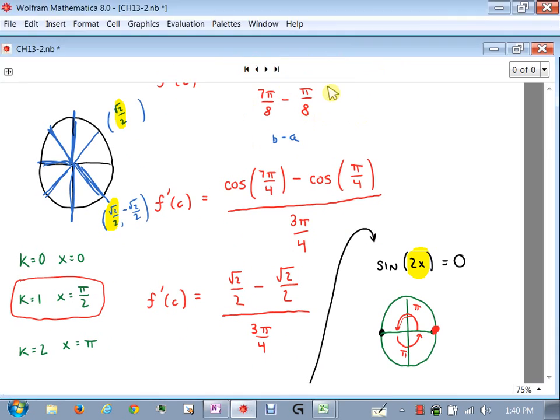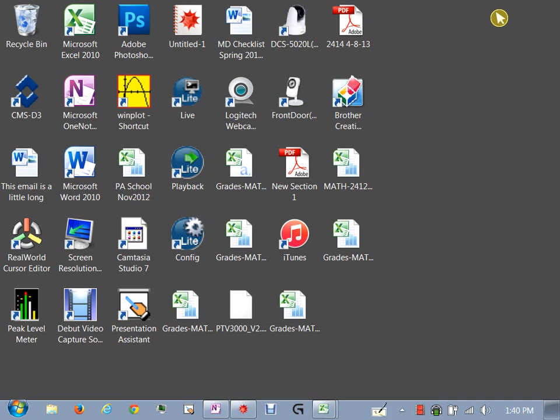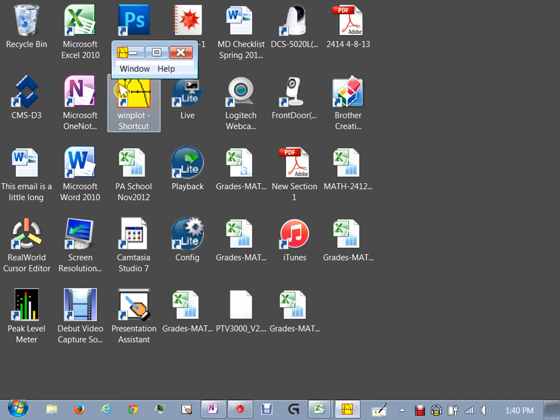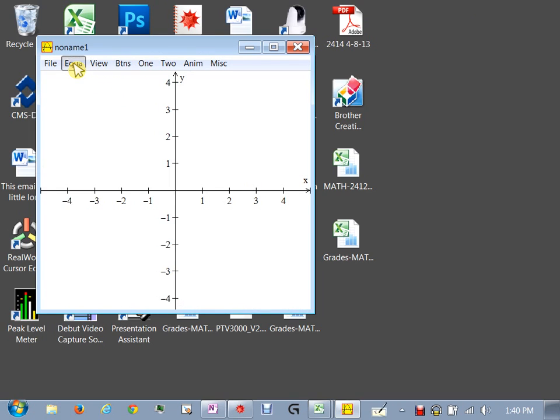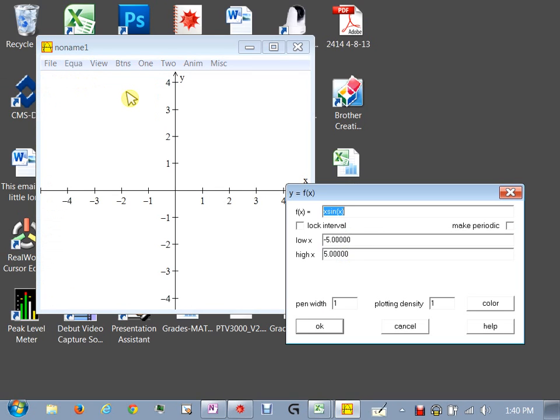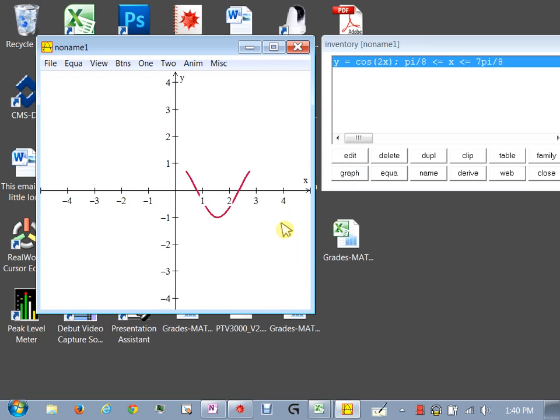And as verification of this, if we put cosine 2x and we lock the interval between pi over 8 and 7 pi over 8, there's our graph, okay?